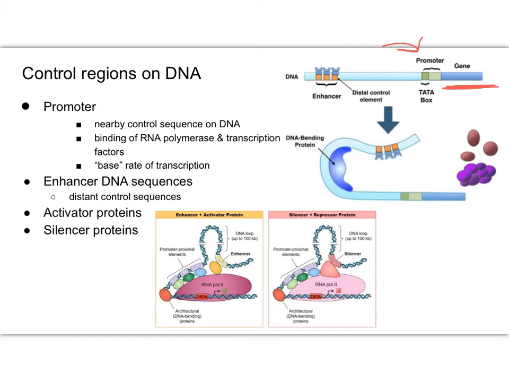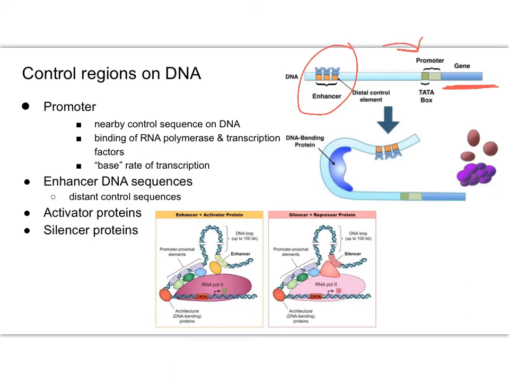So these enhancers are far away. So these are distant control sequences. Okay, so for instance, if I look back at this picture up here, I've got my enhancer far away from my target gene here. So it's a distant control sequence, and it will help bind to activator proteins. And these enhancers can help speed up the rate of transcription.